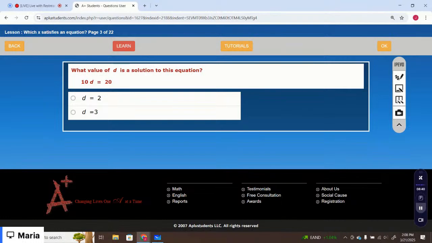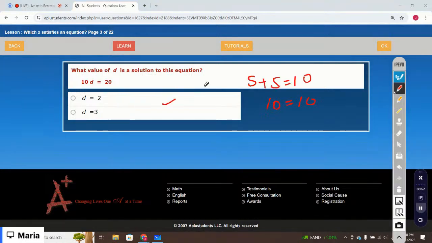What value of d is a solution to this equation? 10 times d equals 20. 10 times 2 is 20, and 20 equals 20.